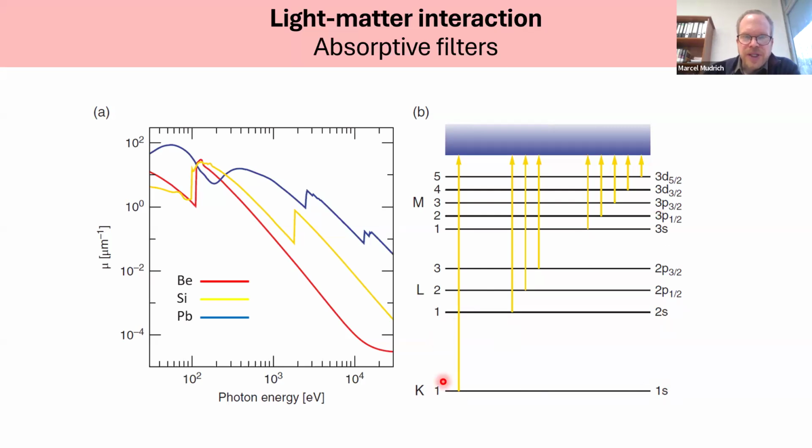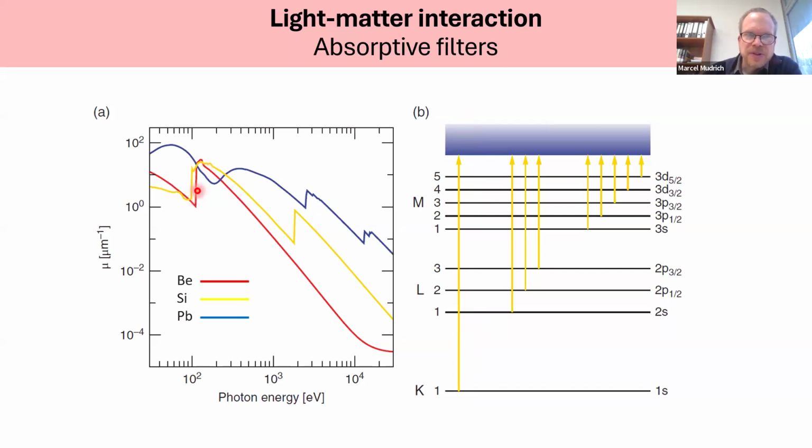And yes, whenever the photon energy crosses the threshold for ionizing an electron out of one of these shells, then all of a sudden a new channel opens where electrons can be ionized, and the material can absorb photons by ionizing electrons into the continuum.